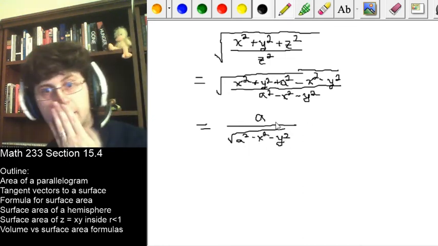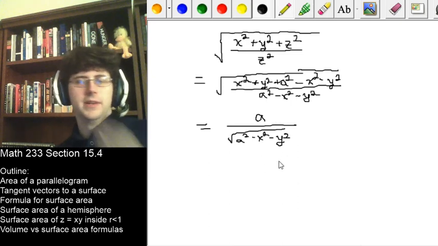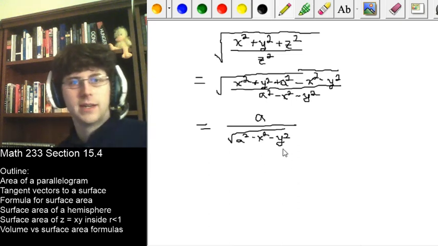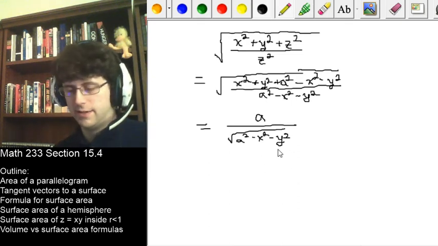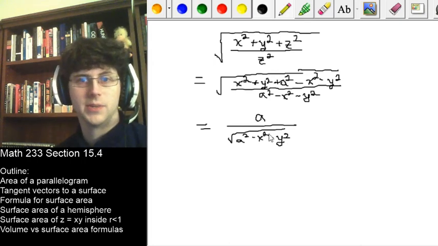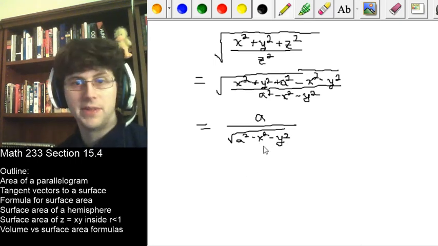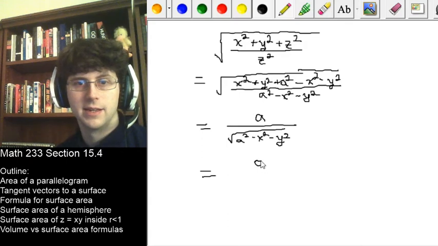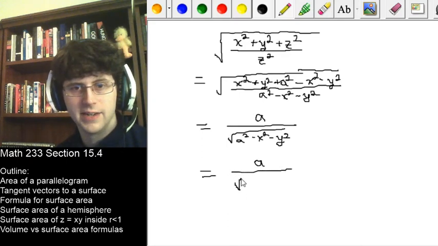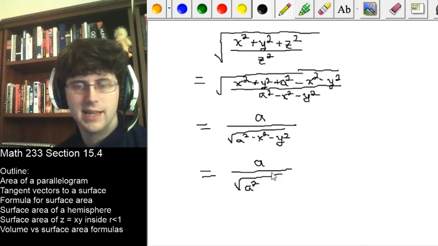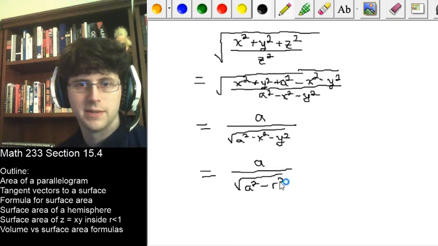Still working on the integrand. Remember that we're going to end up doing our integral in cylindrical coordinates. So I don't actually want these x's and y's, but luckily I remember that x squared plus y squared is r squared. So finally, the integrand that I'm actually going to use is a over square root a squared minus r squared.